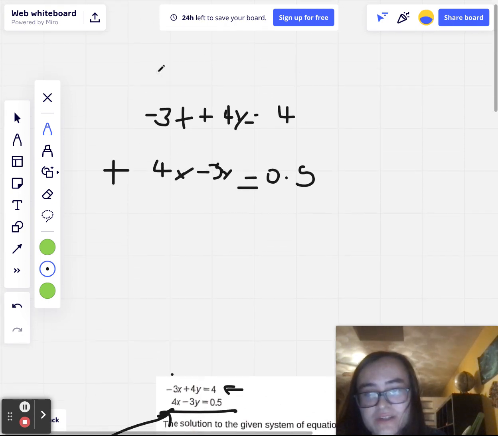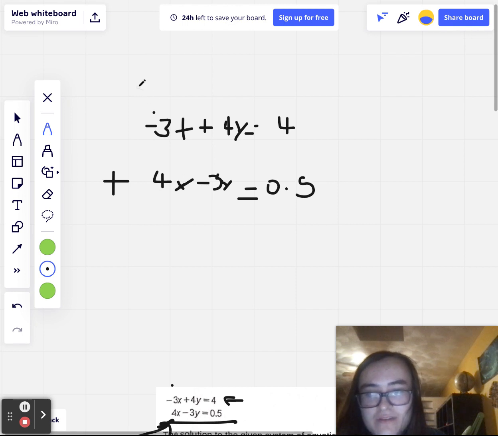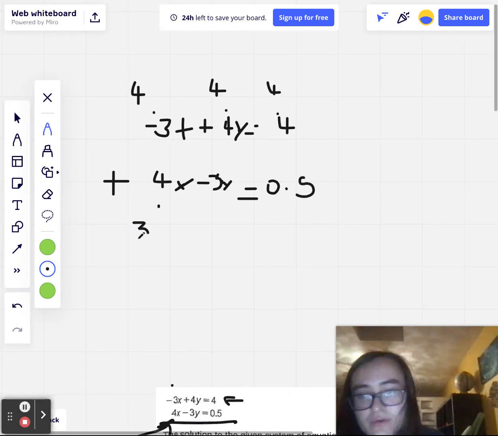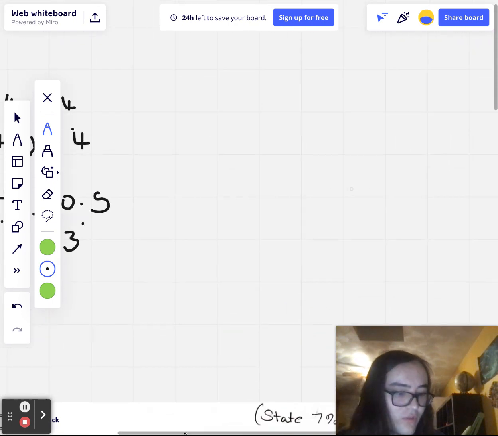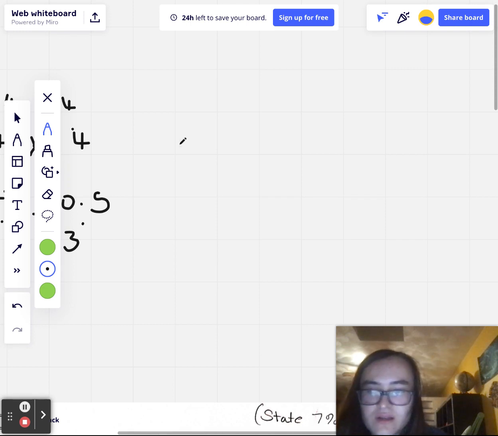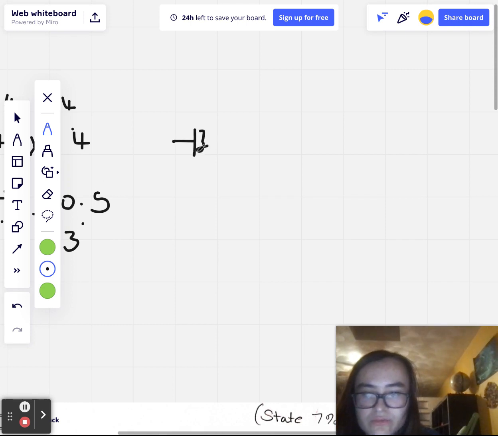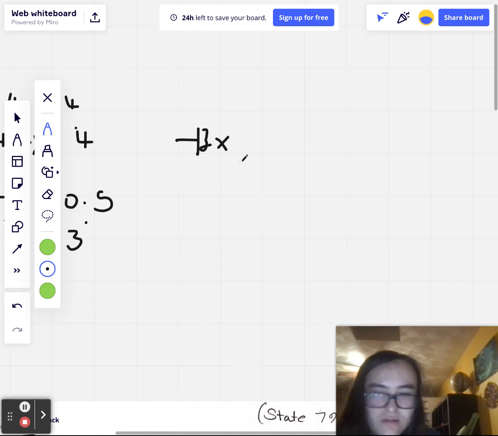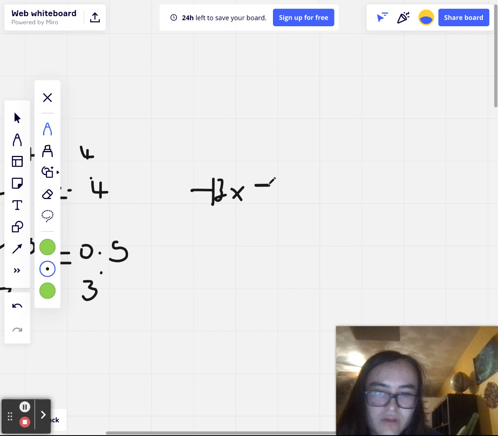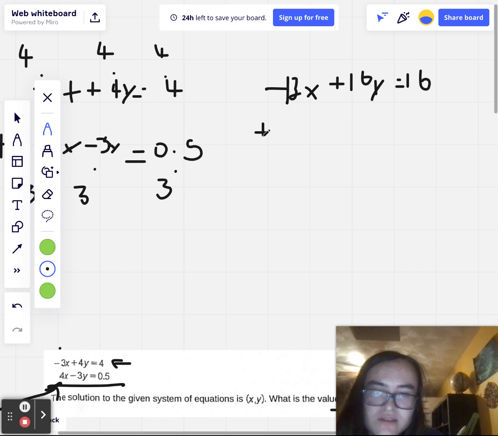So in this case, because we have negative 3 and 4, we have to multiply. If we multiply every single number in this equation by 4, and every single number in this equation by 3, what you will end up with is negative 12x plus 16y equals 16 plus 12x.